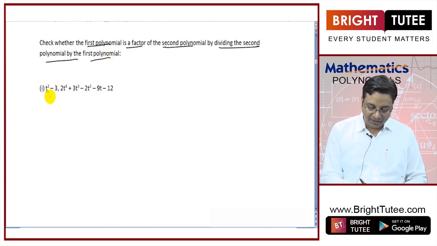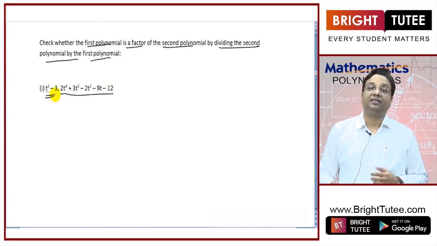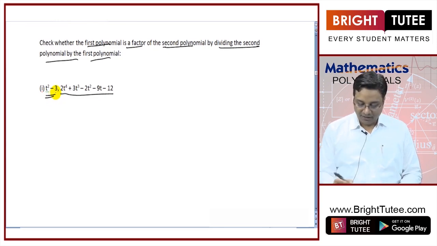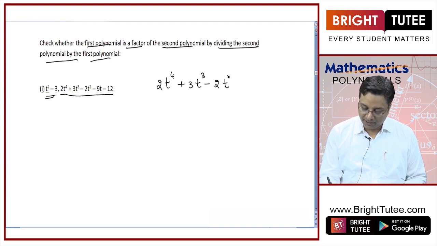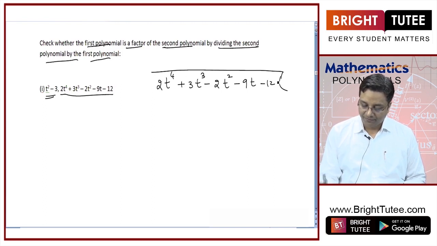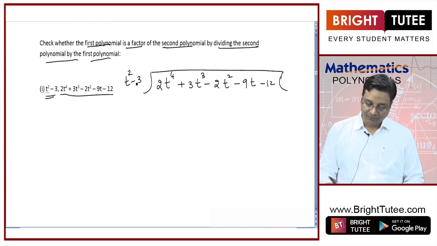So if I divide this polynomial by this polynomial and get the remainder 0, then I can say with certainty that this is a factor, otherwise not, right? So let's see by dividing 2t raised to power 4, 3t cubed minus 2t square minus 90 minus 12, right, by t square minus 3. Okay.